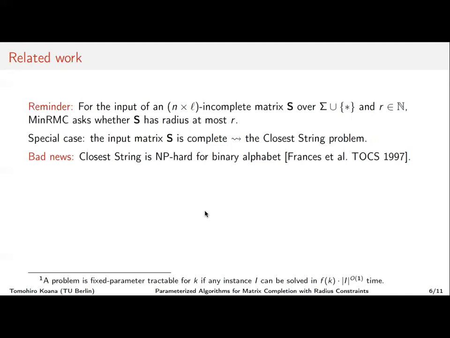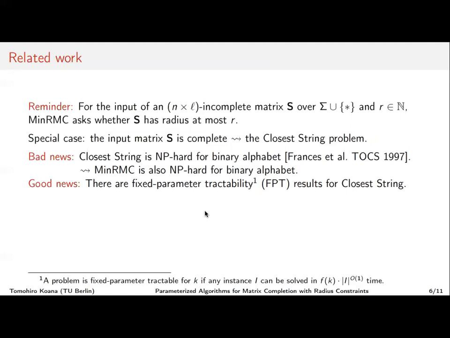But there's also good news: there are many fixed-parameter tractability results for closest string. So we wondered whether it's possible to generalize what is known for closest string to our minimum radius matrix completion problem.